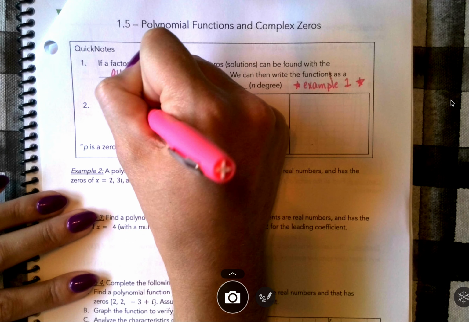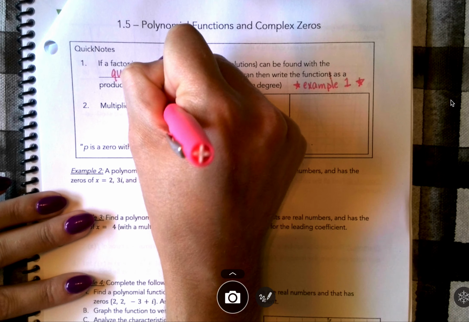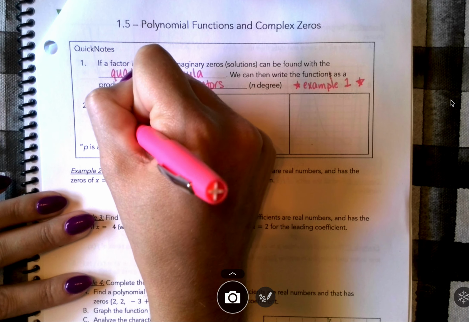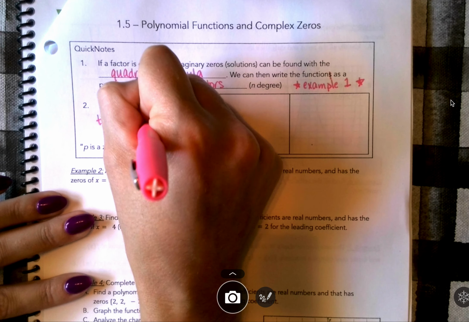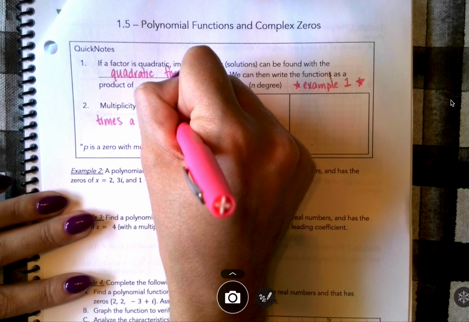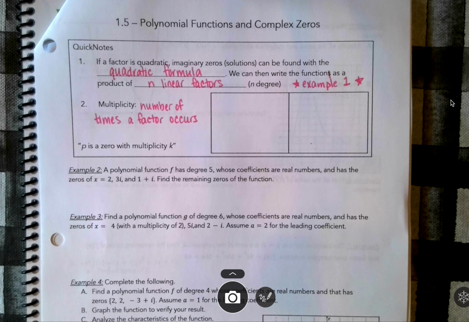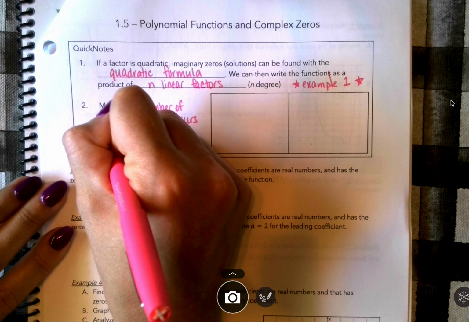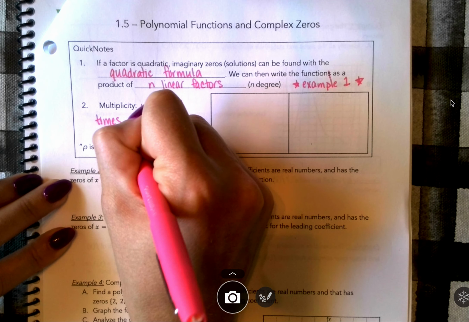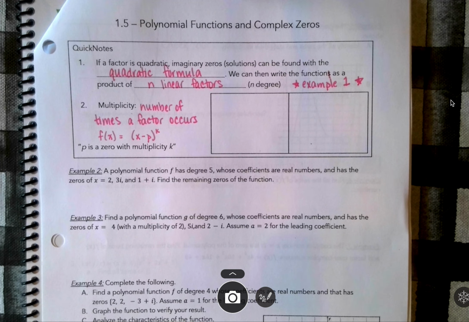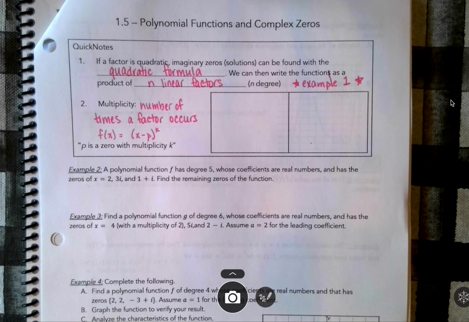Multiplicity is the number of times a factor occurs. And so if I have a function that's like x minus p to the power of k, I would say p is a 0 with multiplicity k.